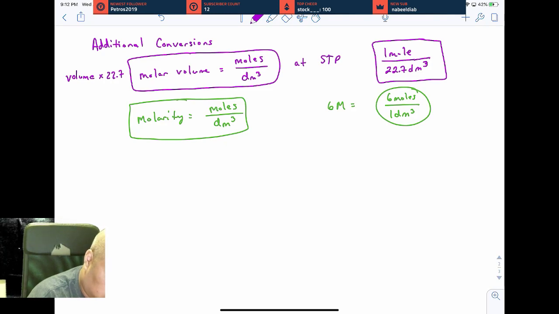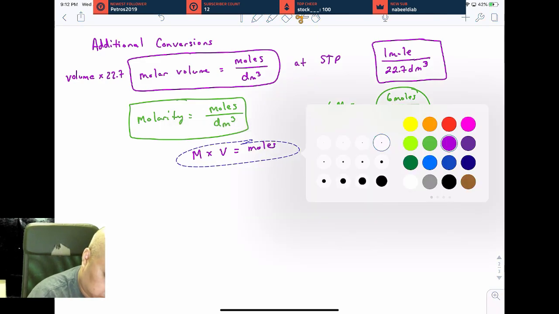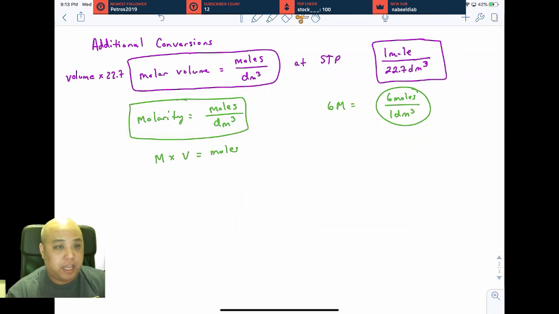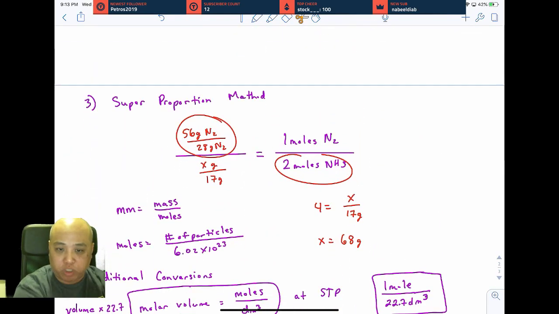And then you're going to want molarity times volume equals moles here. So if you want to do the super proportion method, then you are going to want to manipulate those equations that I've boxed into the way so that they're equal to moles. That way you can plug it right into the super proportion method on the left.